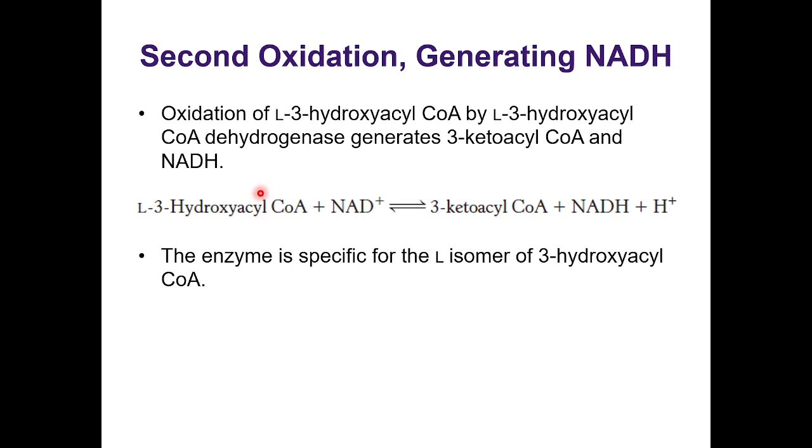We're going to have enough potential energy to go ahead and push NAD+ to the reduced form, and we'll generate the 3-ketoacyl-CoA. That's the one with the ketone on the next carbon. The enzyme is going to be specific for the L isomer of the 3-hydroxyacyl-CoA. So if you ended up with R isomer in there, it's not going to function.